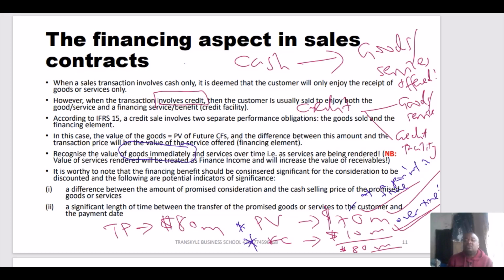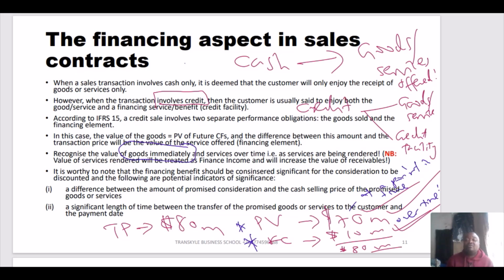However, when it comes to the enjoyment of the goods, he's going to enjoy them today, so this is why we are also going to charge him today. But the finance facility is going to be enjoyed over 2 years, whereas with the sale of goods, he's going to have control of the goods today.